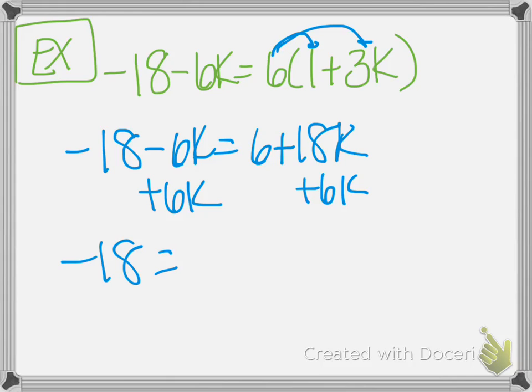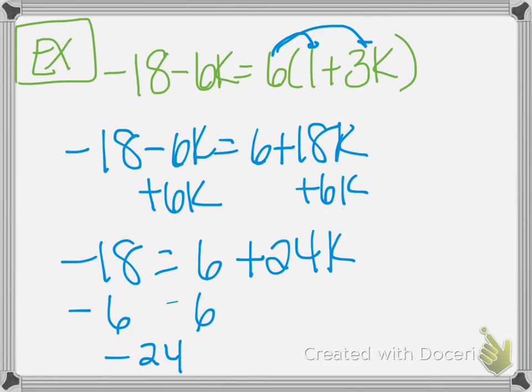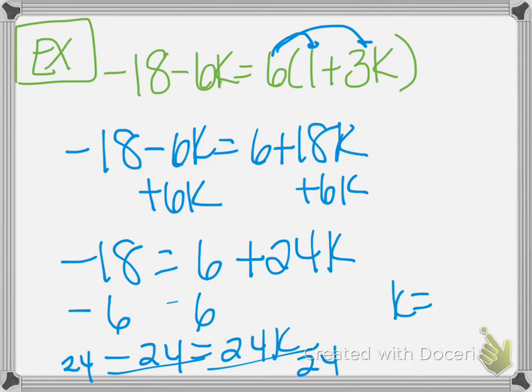In the end, we're going to get negative 18 equals 6 plus 24k. Now we'll minus a 6, so we're going to get negative 24 equals 24k. And when I divide by 24, my k equals negative 1.